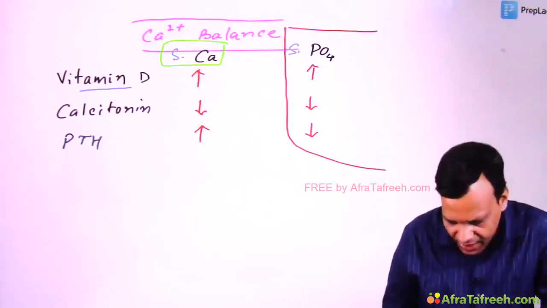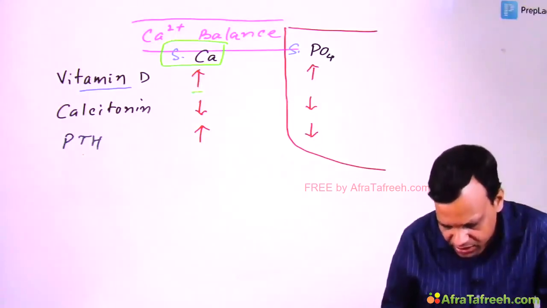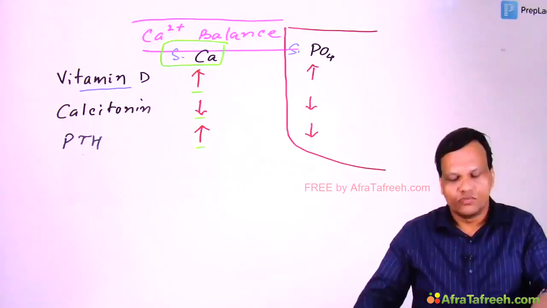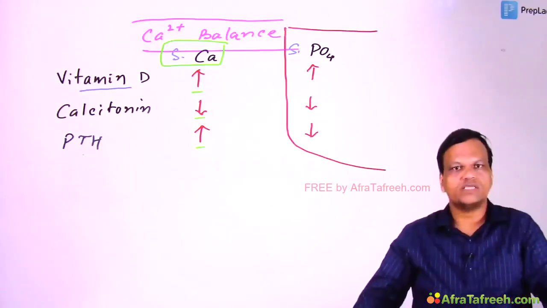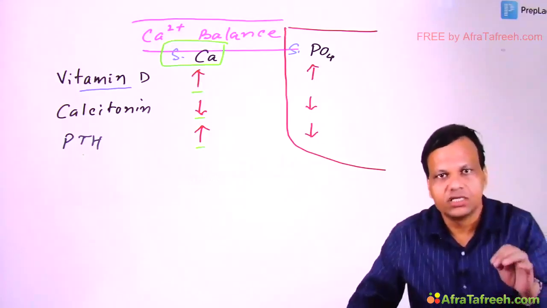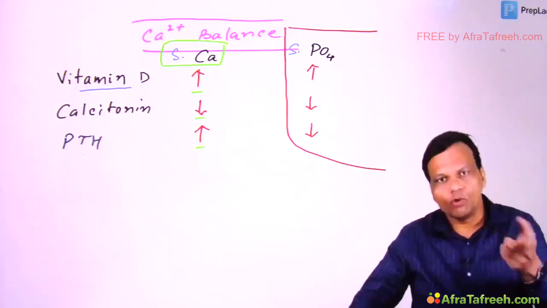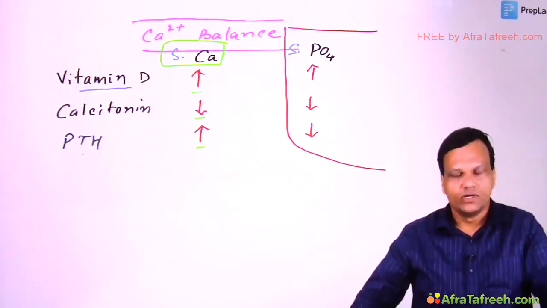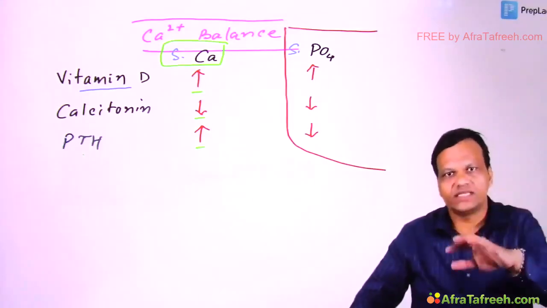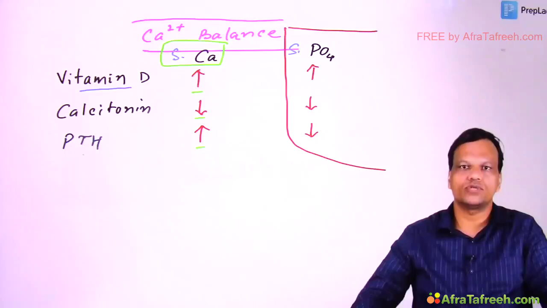So, vitamin D and parathyroid hormone increase serum calcium, but calcitonin decreases serum calcium. Which of these can we use in osteoporosis and which will be avoided? We cannot comment because we need to know what happened to bone calcium. So, we need to understand how they affect blood calcium. Only then we can tell whether we can use the drug in osteoporosis or not.